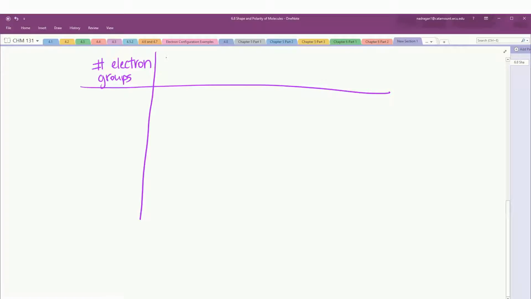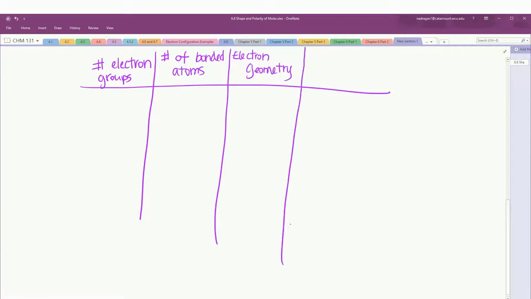So we're going to have a column that tells you number of electron groups, number of bonded atoms, the electron geometry, or the electron group geometry. That's what your book calls it. And then the molecular geometry.